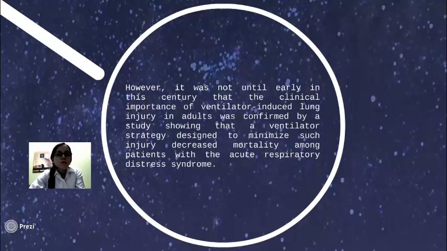However, it was not until early in this century that studies showed the clinical importance of ventilator-induced lung injury, demonstrating that a ventilator strategy designed to minimize such injury decreased mortality among patients with the acute respiratory distress syndrome.